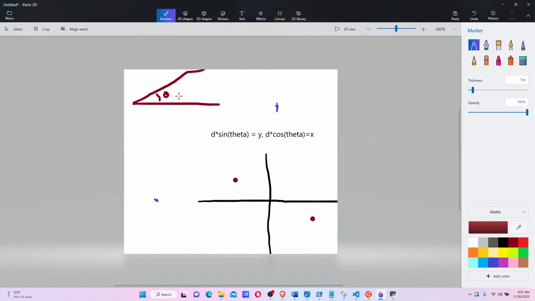Okay, so that's theta. This is the inner angle. And then it goes up to this point, and then we want it to turn around.